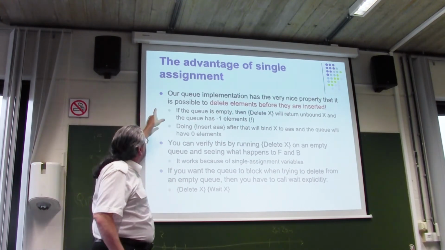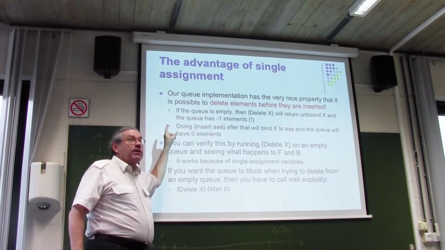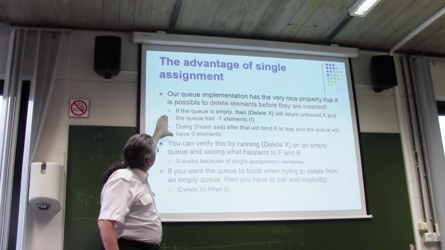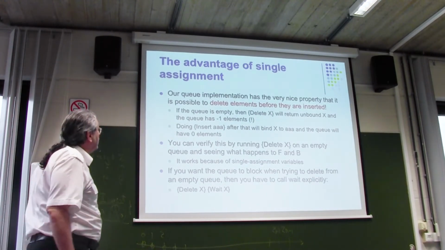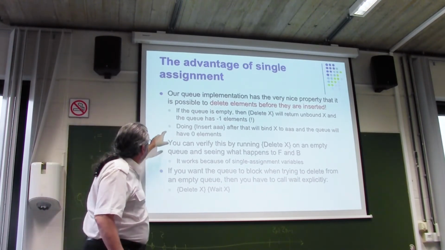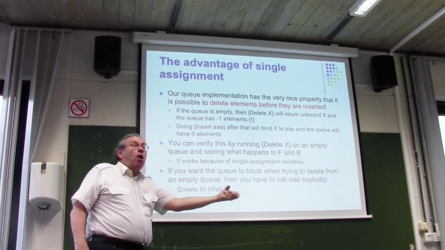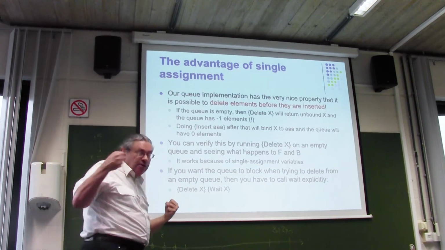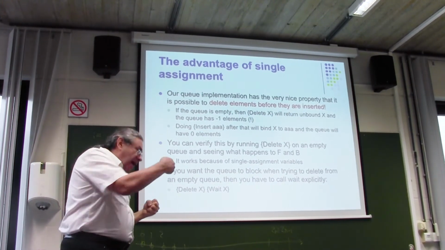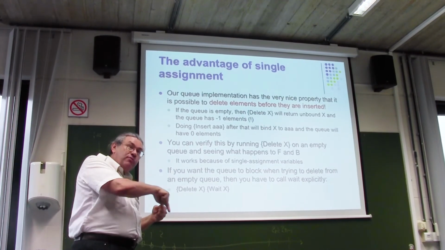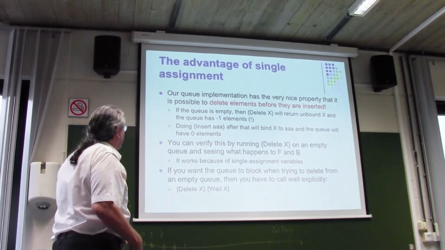I have shown you many advantages of this already for deterministic data flow, but here you can see another interesting use. You can actually delete elements from an empty queue. It's like you borrow the elements, and then later when you insert, they will be bound to the ones you've deleted.